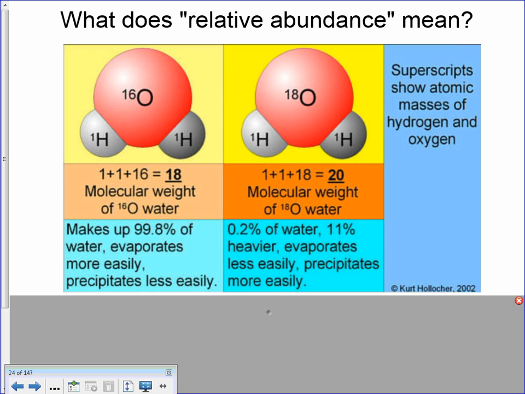I counted 99 of these out of 100 waters in my bucket. And then I counted out only one of these in all of my bucket. I would obviously say I have a much less abundant water 20 versus water 18.